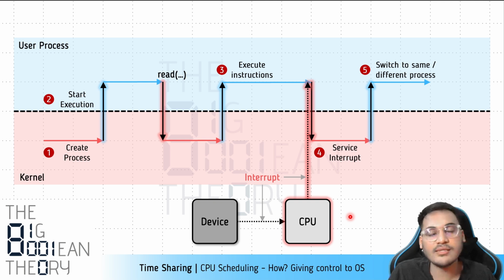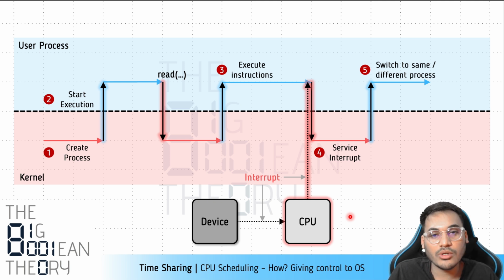It could be the case that an input operation or an output operation which had been previously started has finished and data is available, or the IO device is ready to accept more data. Or it could be that there is some new input at some IO device like the keyboard or the mouse, and we have to immediately deal with that data, because if the user is typing something, that has to be processed immediately. Or if the user is moving the mouse, that also has to be shown immediately in a responsive system.